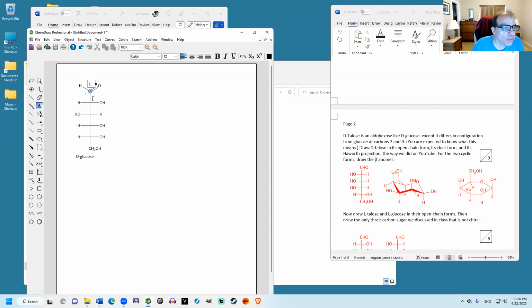As for the numbering of the carbons, 1, 2, 3, 4, 5, 6. And it says D-talose is just like D-glucose, except at carbons 2 and 4. So we need to flip the configuration at carbon 2 and carbon 4. So instead of the right, left, right, right of glucose, we will have left, left, left, right. And this is the open chain form of D-talose.